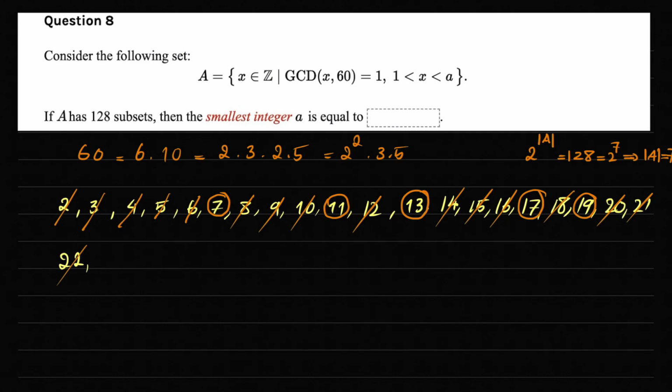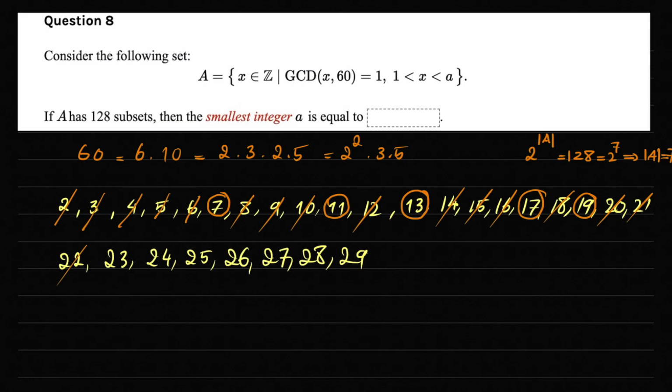But then 23, 24, 25, 26, 27, 28, 29, 30, 31, 32, 33. Okay, let us stop here. So let's see what happens. 23 is acceptable. So far, how many? 1, 2, 3, 4, 5, 6. But I need 7. So 24 is not acceptable. These are not acceptable. And then this is acceptable.